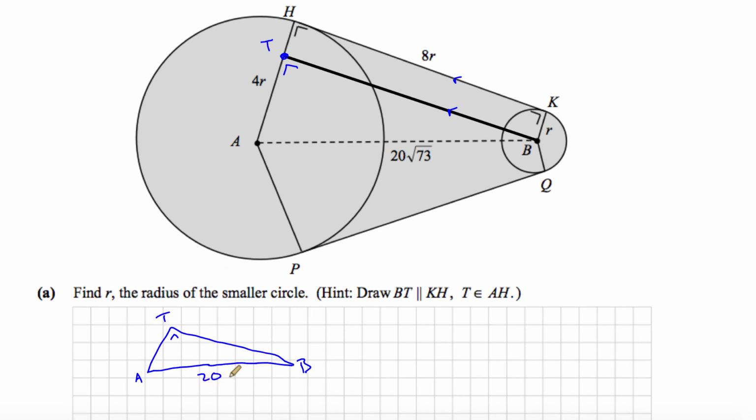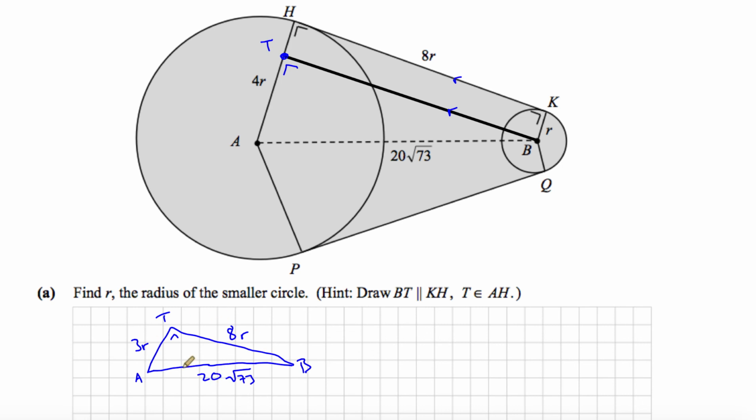So 20 root 73 is this side. This side here is T to B, because it's going to be the same length as HK, because that's a rectangle there. And here, well, A to H is 4r, and because KB is r, this HT will also be r here. So if I want A to T, it's going to be 4r, the whole thing, minus this r, which leaves me with this side being 3r.